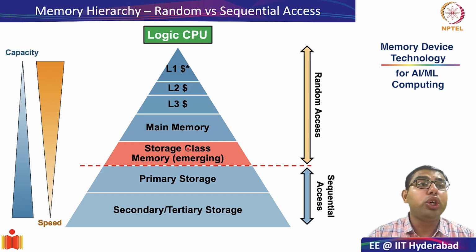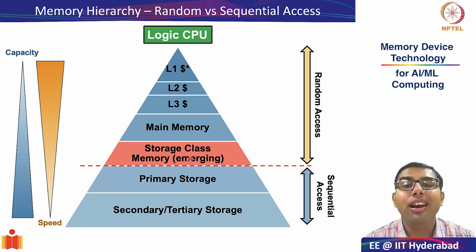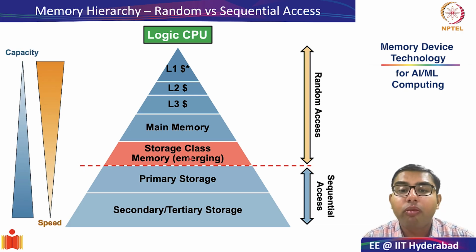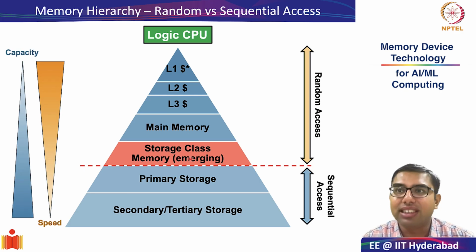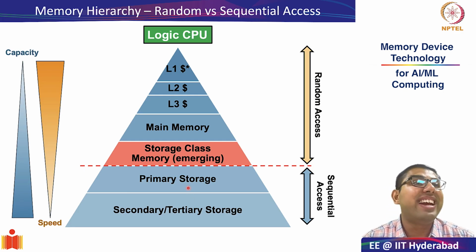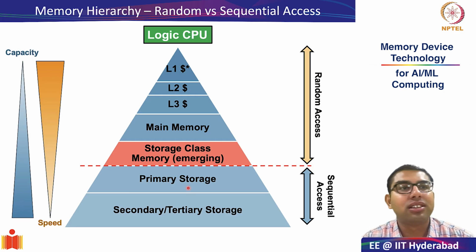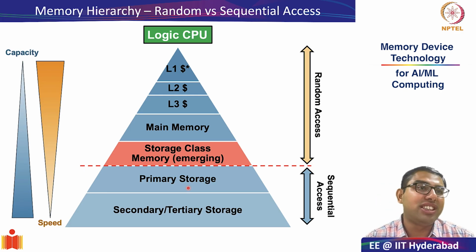Random access you would want to have till storage class memories, whereas as you know, your large primary storage, which essentially consists of NAND flashes, has block level sequential access. Now there is a small bit of nitty-gritty detail which we will get into very soon. It is not necessary that flash cells are always sequential access.